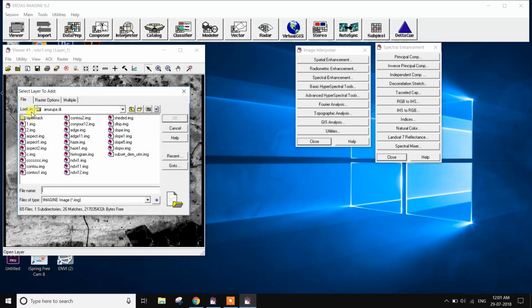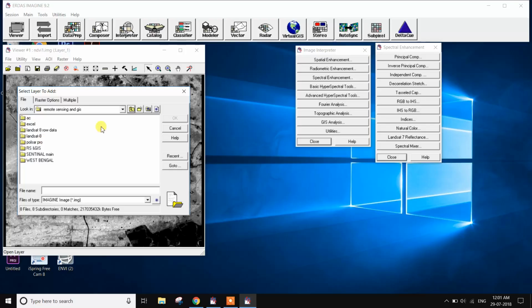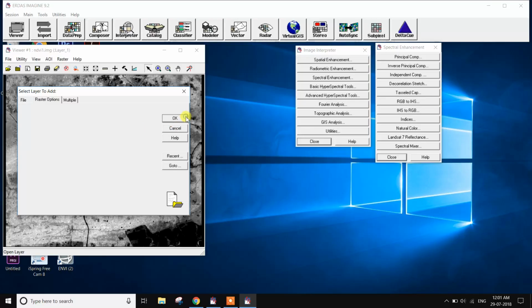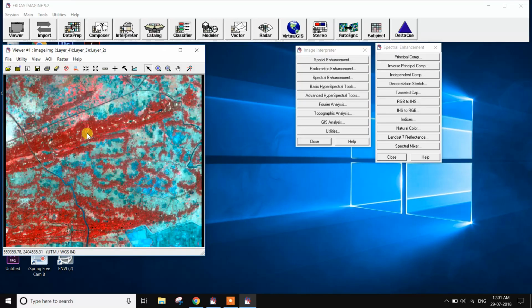Open the main image in here and compare. There is the satellite image with particular cropland and open forest here, and the water body.